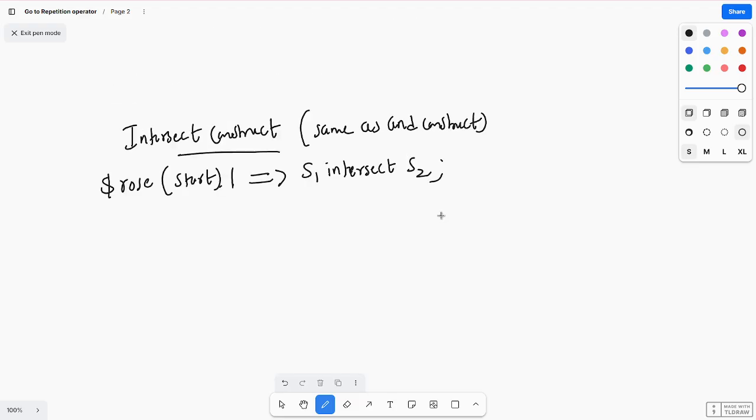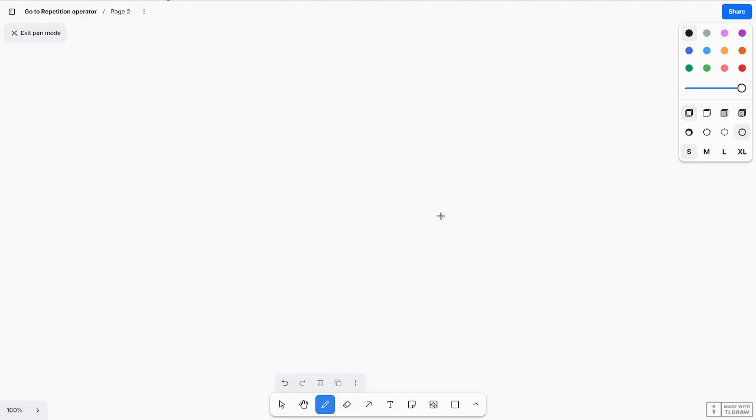I'm not going deep into this. After this comes the throughout construct. Throughout means, I will tell you. See here, I'm writing a sequence.